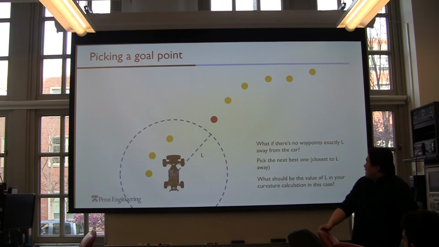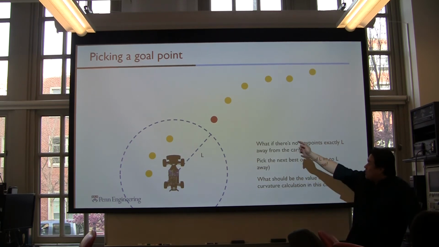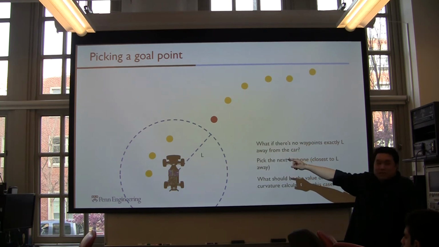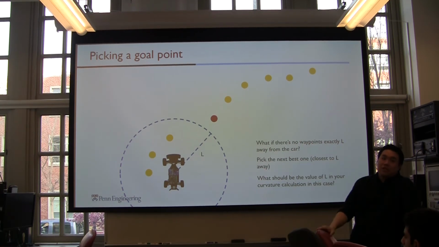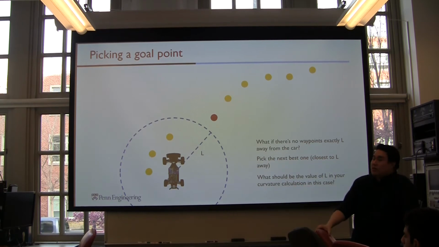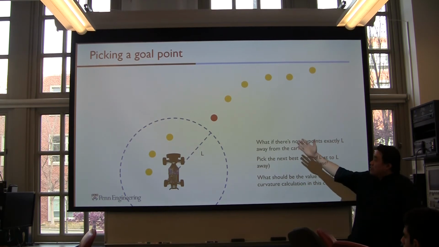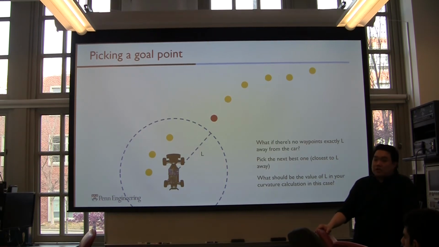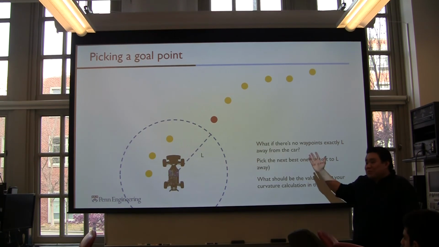Another solution is that you can pick the next best one, either the one that's closest to you outside the circle, or the one that's inside the circle but furthest away from you. It's going to be less accurate. So in this case, what should L be when you're calculating the curvature of the arc? Yeah, it should be a little bigger.